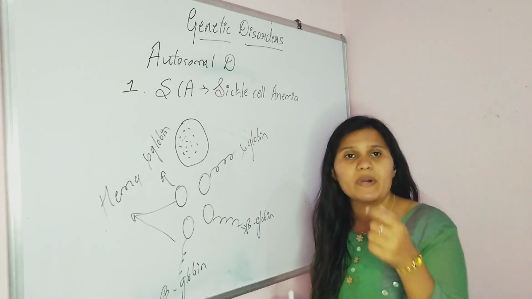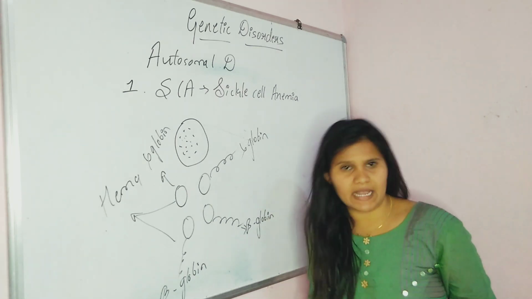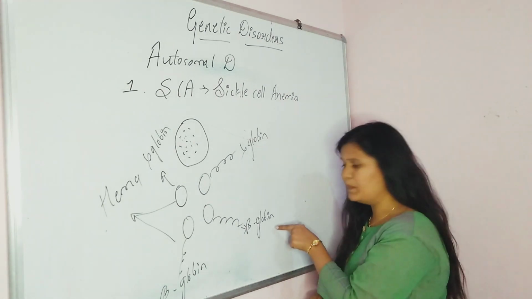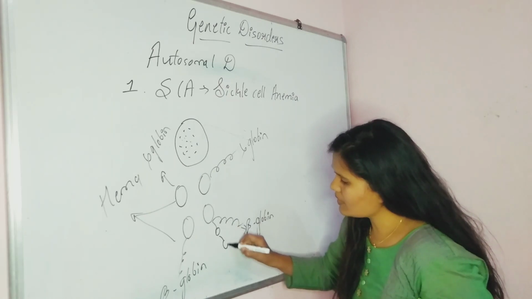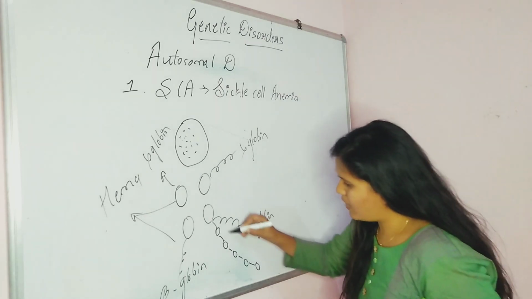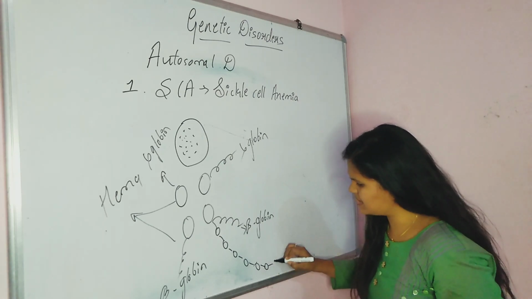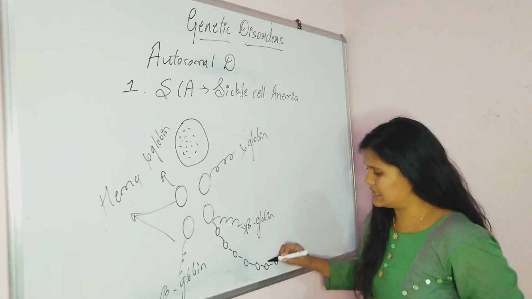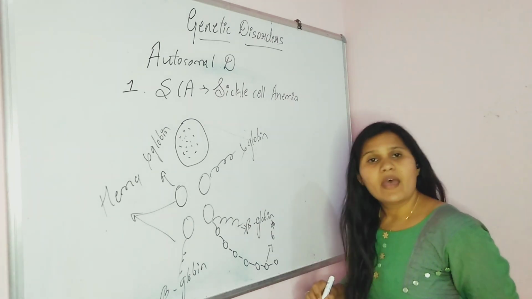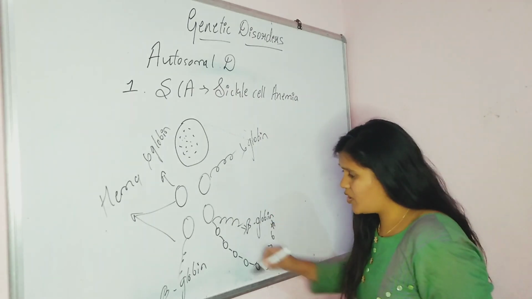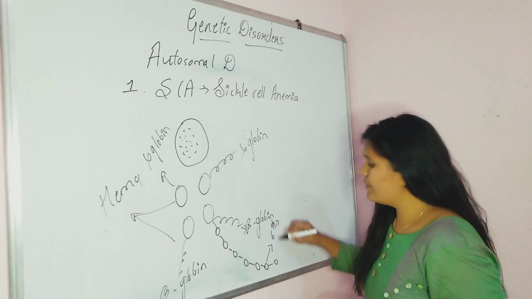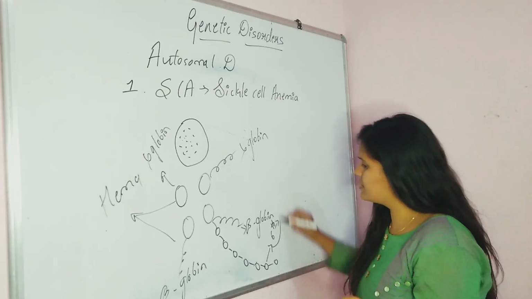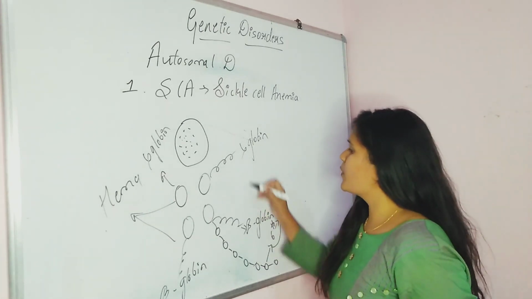But in the case of a person affected by sickle cell anemia, with the beta globin, the amino acid chain goes 1, 2, 3, 4, 5, 6, 7, and so on. But here, the sixth amino acid of this beta globin will be mutated. Why?